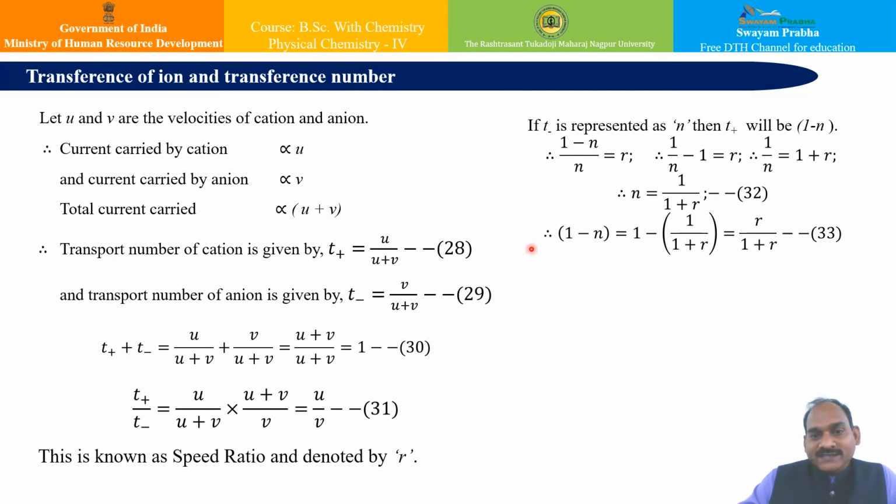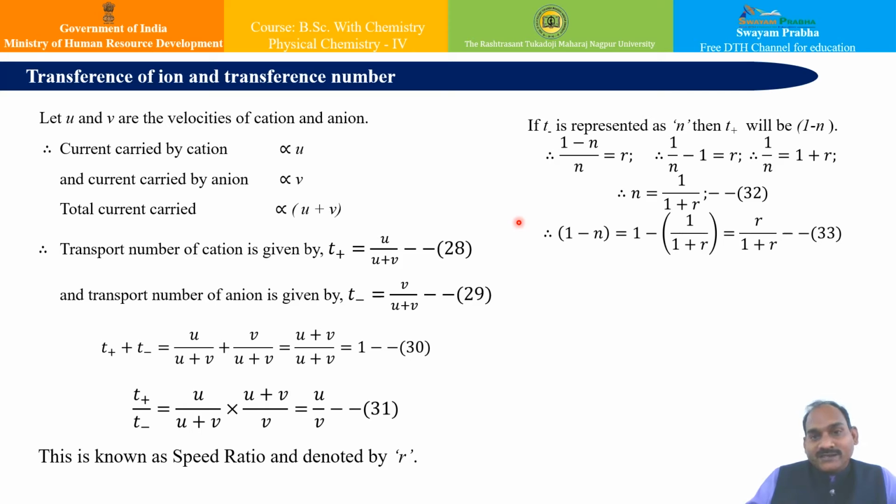This transfer of ion and transference number is very interesting by now, because we have seen that depending on their speed in the solution, these cations or anions carry current with them. So when an electric potential is applied to an electrolyte solution, the ions present in the solution start migrating towards the opposite electrode.